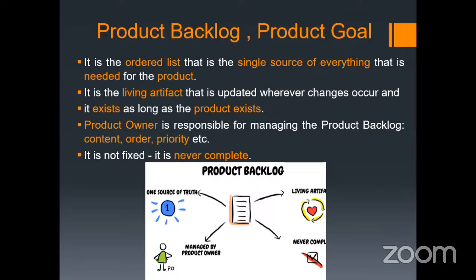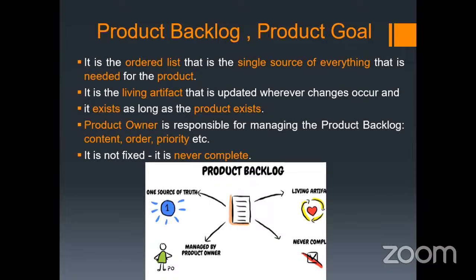The tasks which are not under consideration by the Scrum team can be changed anytime. The product owner is always responsible for managing the product backlog. That is the contents of the product backlog, the order of the product backlog, and the priority. The product backlog items are the actual tasks to be performed by the developers.